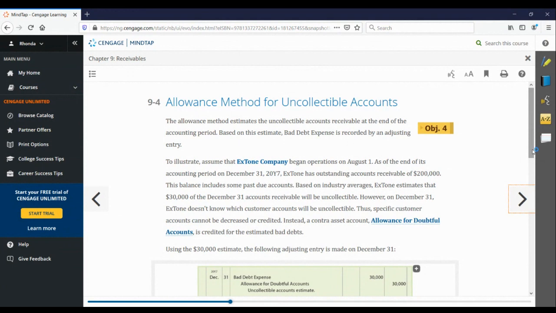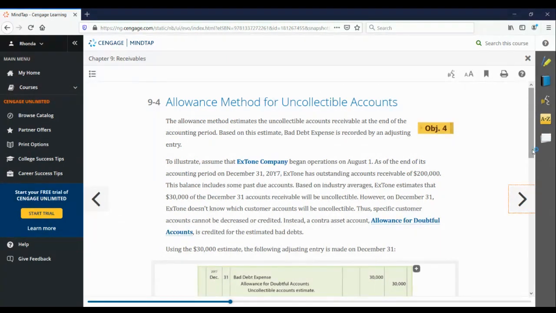And so we're going to estimate the amount to become uncollectible at the end of the year, and we're going to create a journal entry for the estimated amount that will become uncollectible in the future. Notice it's an estimated amount that we're talking about here.